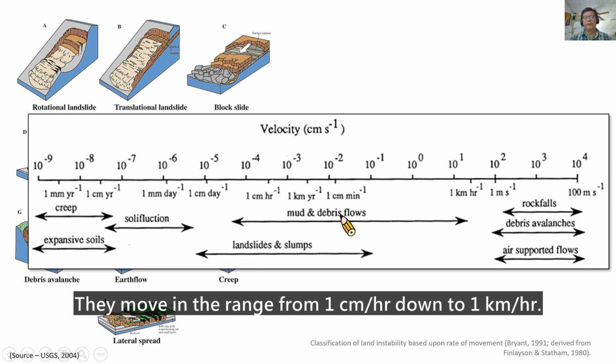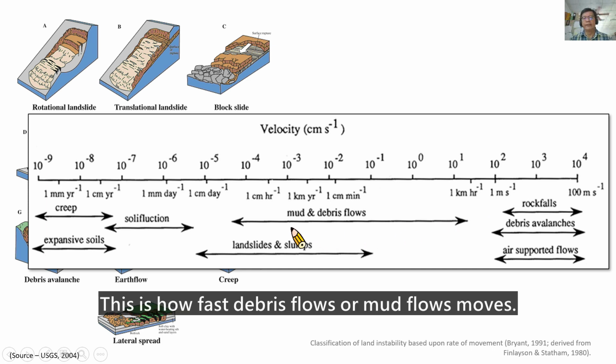They move in the range from 1 centimeter per hour up to 1 kilometer per hour. This is how fast debris flow or mud flow moves.